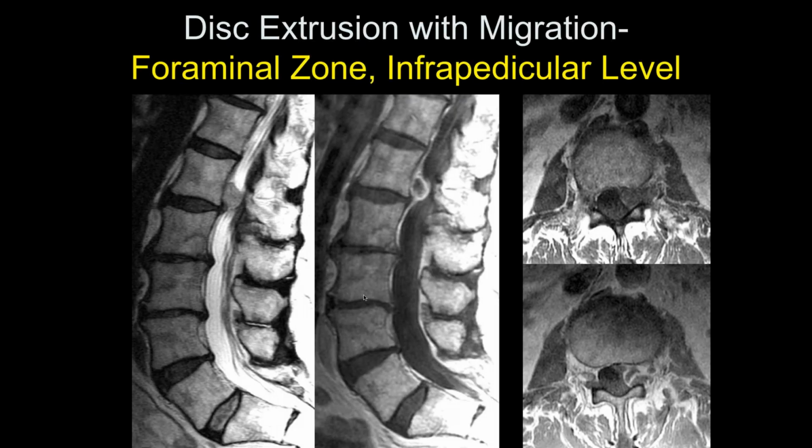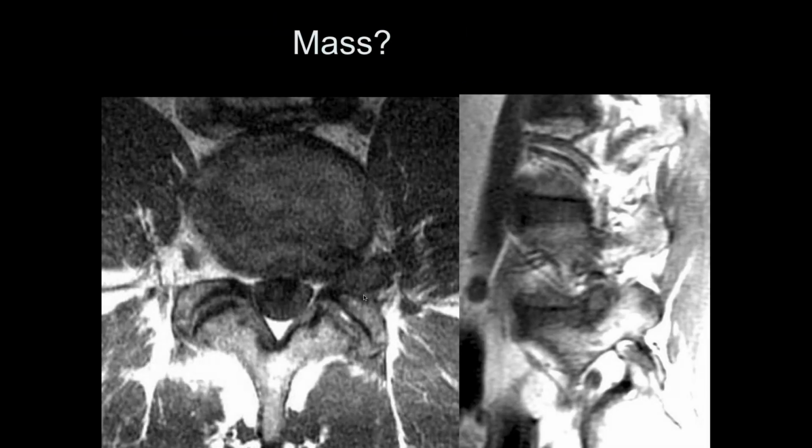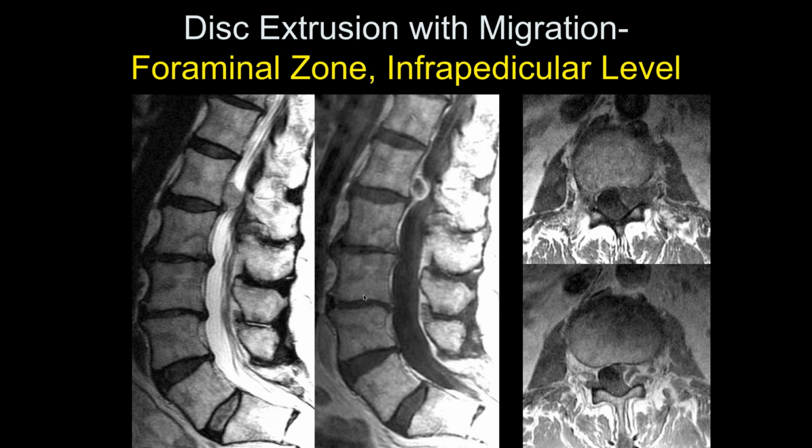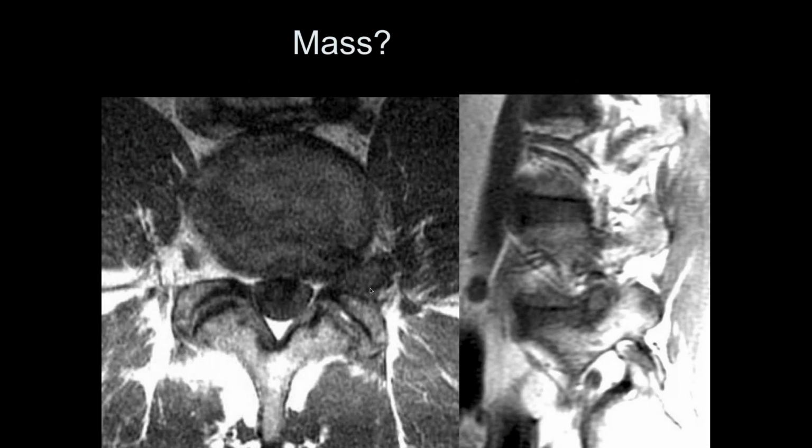Okay. Here's some more images. I think that's the same patient. What do you think about it now? Actually, forget it. I think this is another case. This is actually a disc fragment, a migrated disc fragment, which is compressing the nerve root here.